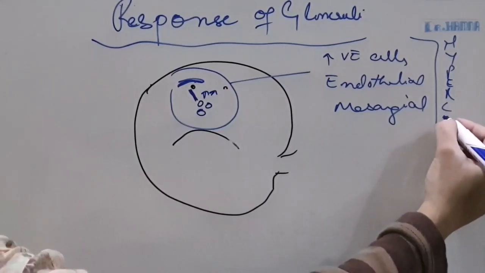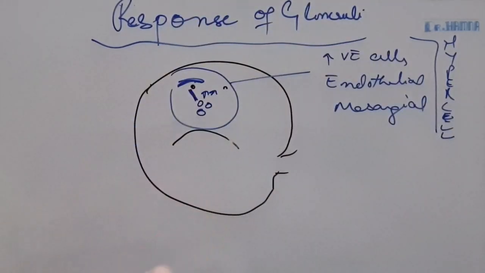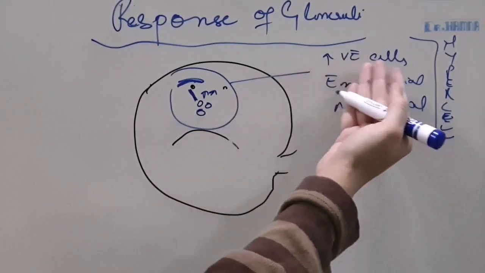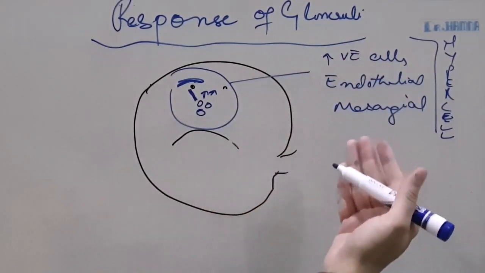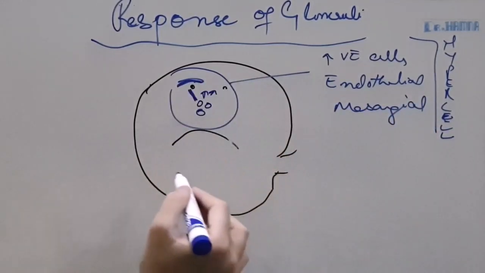So this is basically a response mechanism of the glomerulus to the injurious stimuli. That is, it cannot understand what is going on, so it results in increased production of normal constituents of the glomerulus. That is, increase in visceral epithelial cells, endothelial cells, mesangial cells, resulting in overall hypercellularity of the glomerulus.